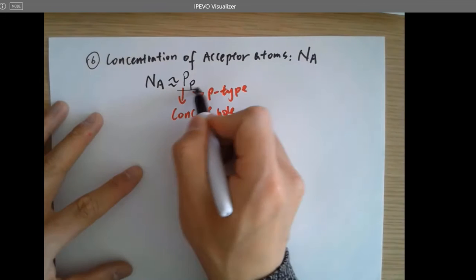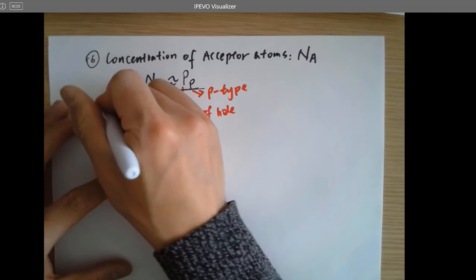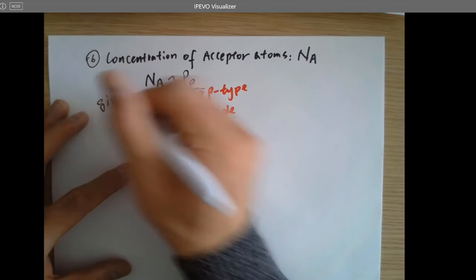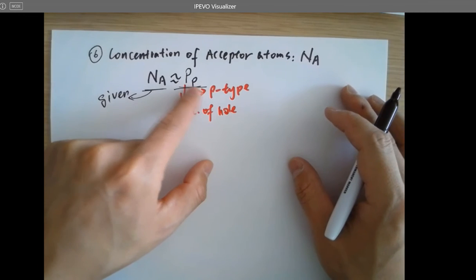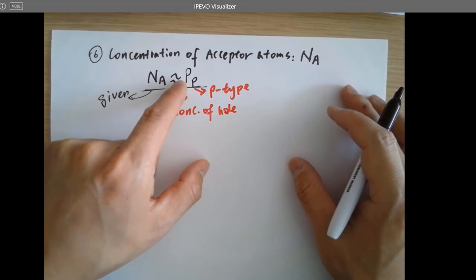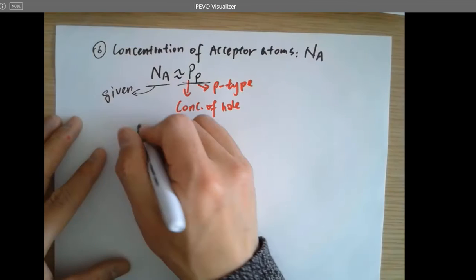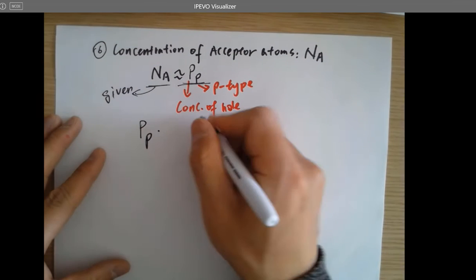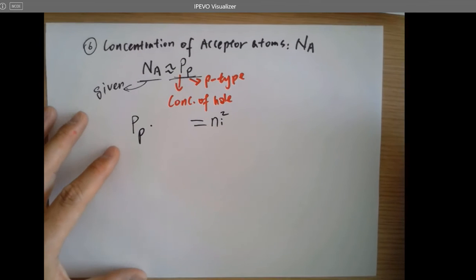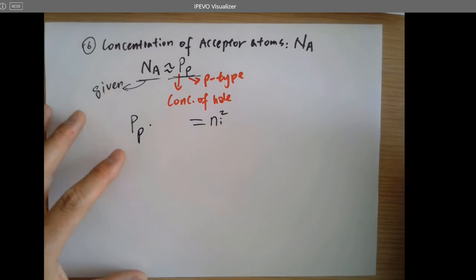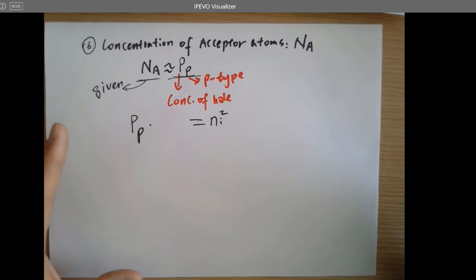And we know this is given, controlled by the engineers. So P times what equals Ni squared in this case. It's still the same type, so definitely it should be a smaller p.